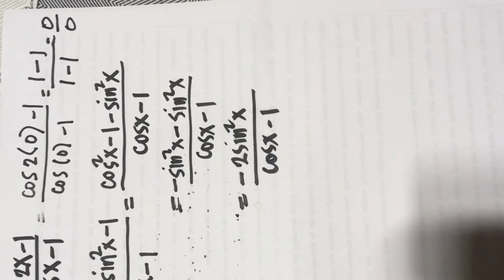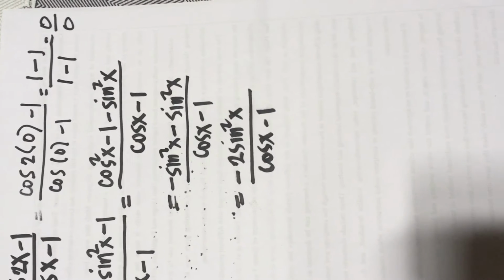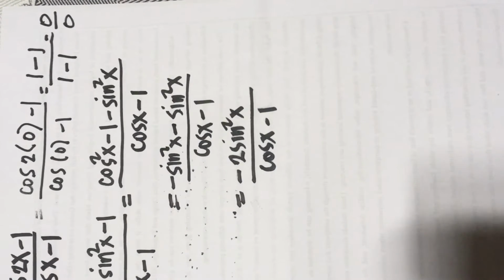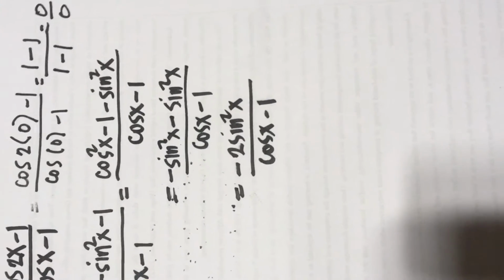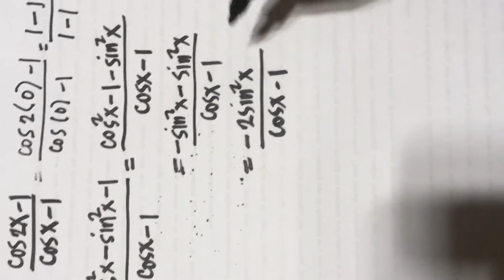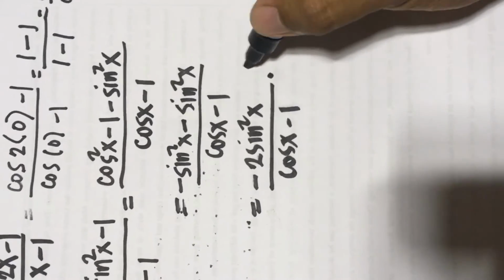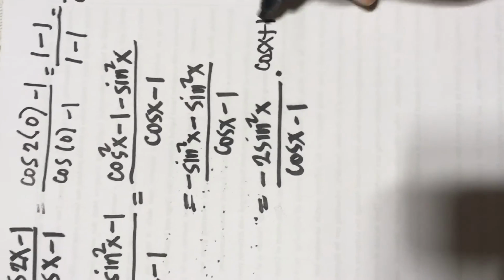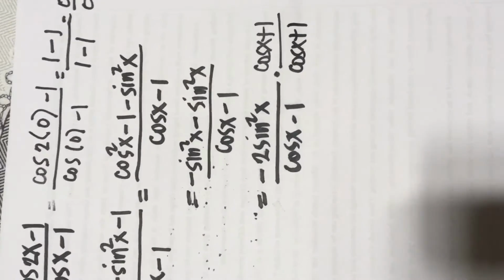Okay, so what we need is at least we cancel out one of the quantities in our function. So if we rationalize the denominator, then we have cosine x plus 1 over cosine x plus 1.